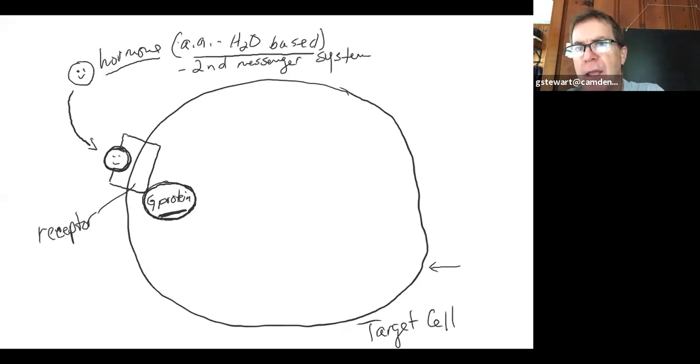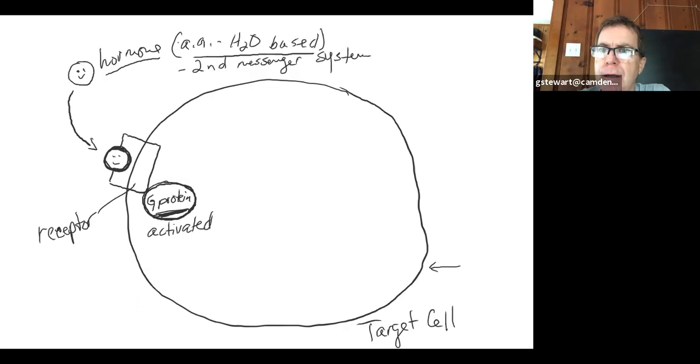And when this hormone binds to the receptor, it activates this G protein when GTP is bound to it. Nevertheless, this becomes activated and it sets off a cascade of events on the interior of the cell.